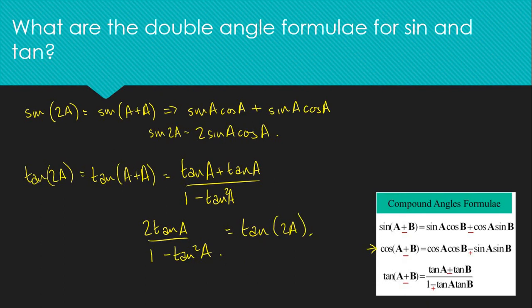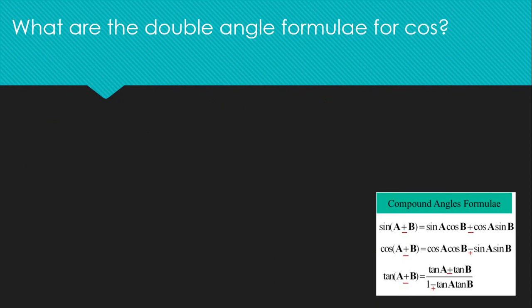Alright, now moving on from that, we're going to move on to cos. Now cos is a little bit more interesting. It doesn't start off looking like it's going to be any more deep than the other ones, but it does have some depth to it, and we'll have a look at what that is in just a sec. But we've got cos of 2a, which will be equal to cos of a plus a, and of course that will be cos a cos a.